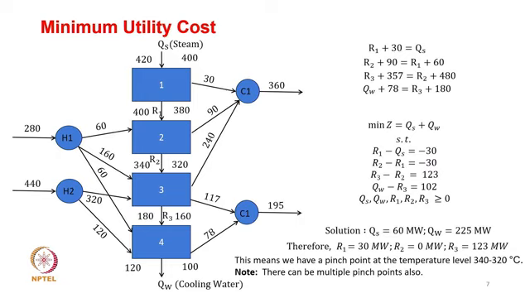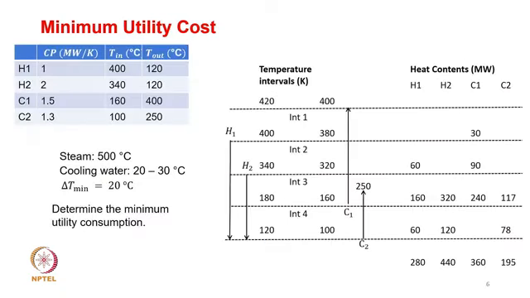And look at the interval 3, R3. R3 is going out, and there are 2 heat connections. So for the heat contents you will have to add 2 for the cold and 2 for the hot.